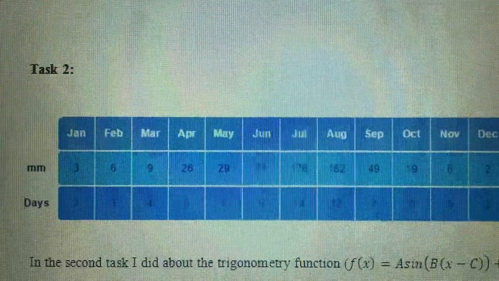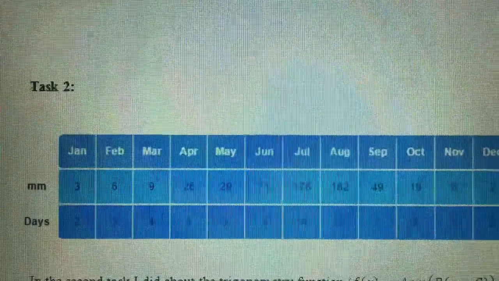So I have the data, as you can see in the project. The first thing I have to find is the amplitude. I find the amplitude using the amount of rain in the first month plus the amount of rain in the 8th month.